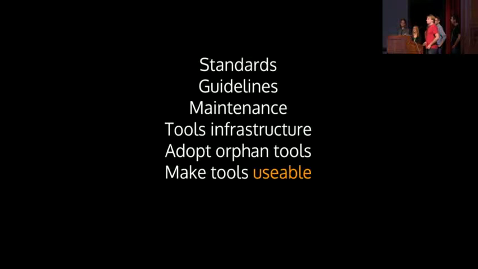What we're actually doing is not only tool development, but we care mostly about standards, so how to develop good tools. We develop guidelines, what we recommend to use, for example, which packaging system, if it's good to use select versus booleans and so on. We maintain a lot of tools, but we also develop tool infrastructure.